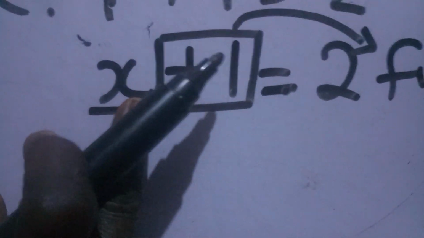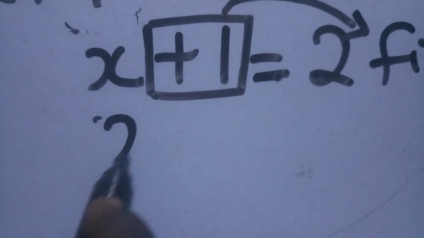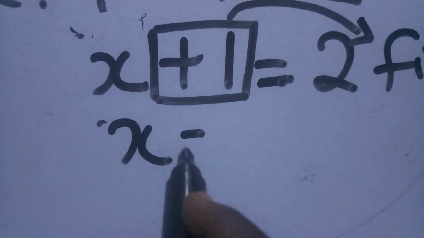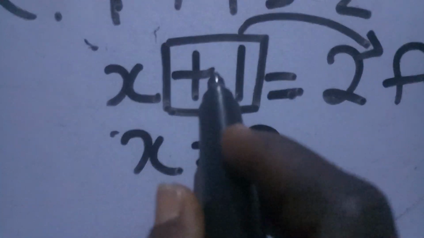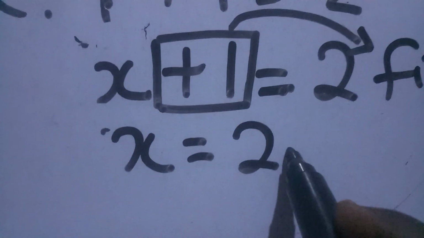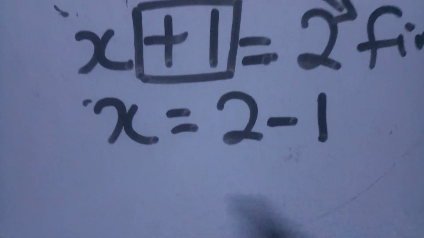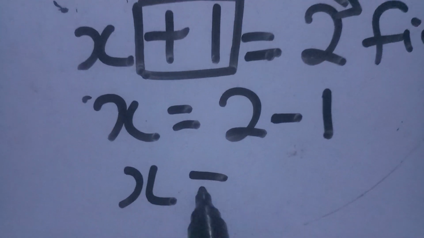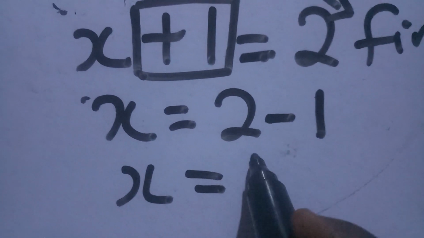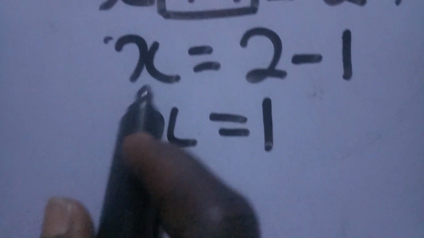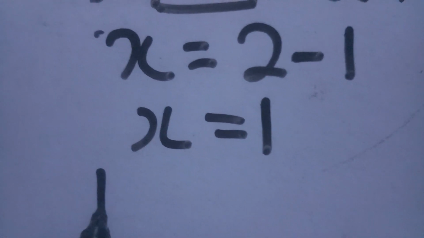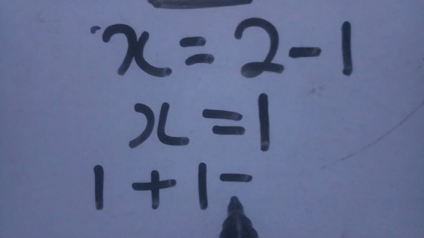So we are left with x equal to 2, and since we have transferred plus 1, it will change to minus 1. So x is equal to 2 minus 1, which is 1. So our x is 1. That's 1 plus 1 is equal to 2.